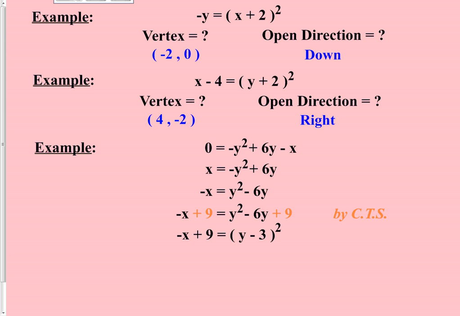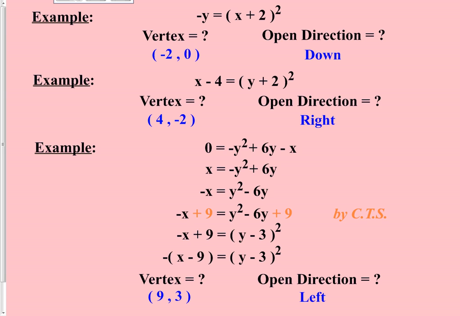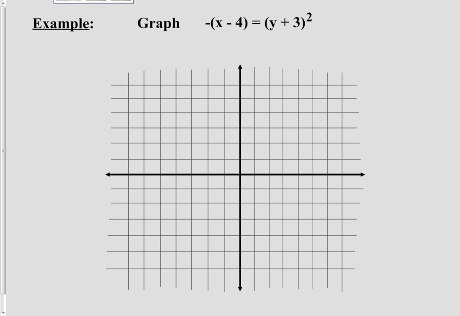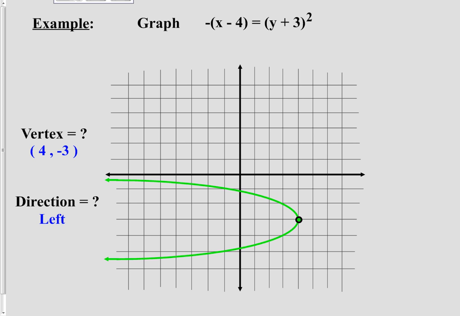So what we actually do is factor that negative away from the entire binomial, in which case you end up with an x and a minus 9 in there, and there's your equation. From there, we ought to be able to identify a vertex and an opening direction, and of course we can graph it from there. And there you go.